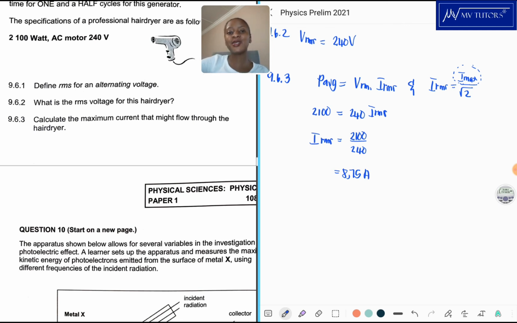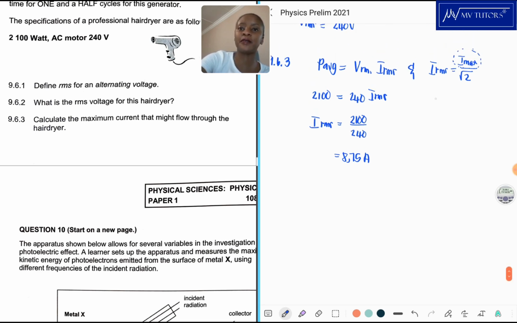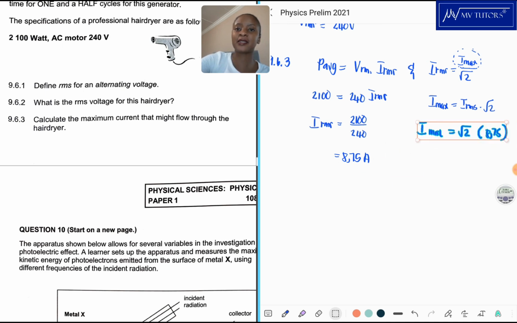Okay, now we need to get the maximum. We have that equation there. I'm going to write it in terms of the maximum. It's the RMS current times root 2. So I max is root 2 times 8.75. Or maybe let me just put it where I started and not complicate things.